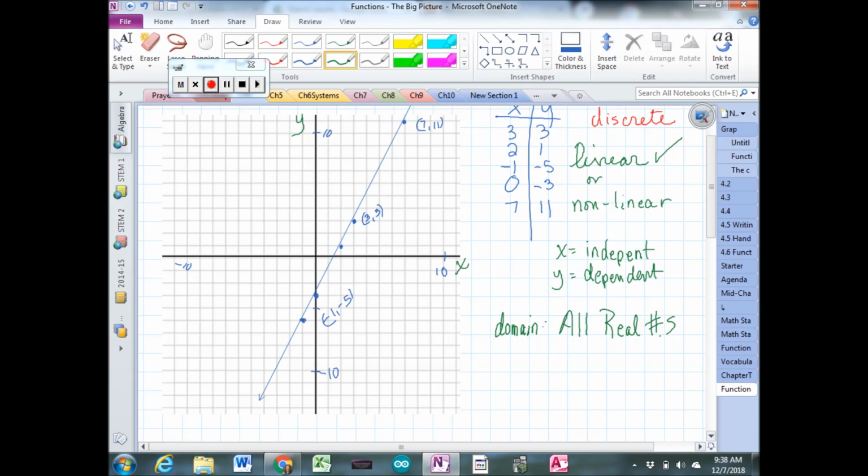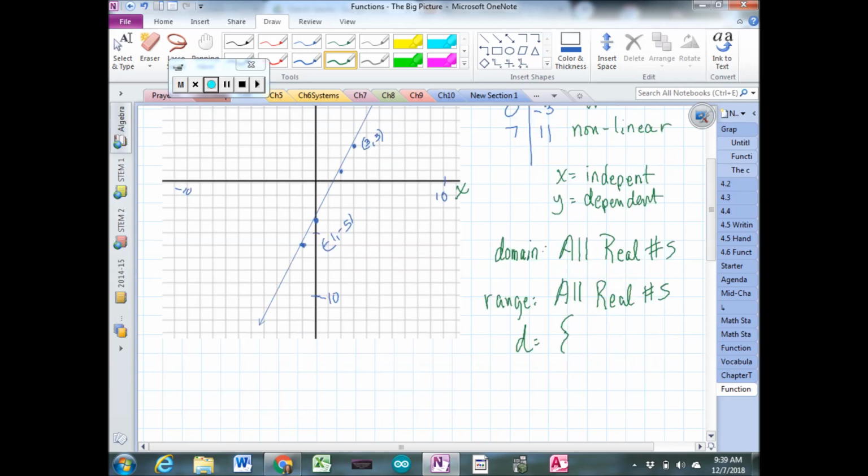And our range, because our domain is all real numbers, and we have a linear function that's not vertical or horizontal, it's going to be all real numbers as well. You can write it as all real numbers, or you can write it in this fashion as we did in the textbook already.